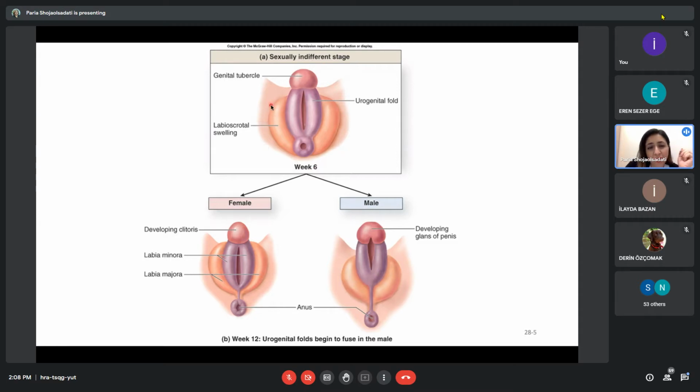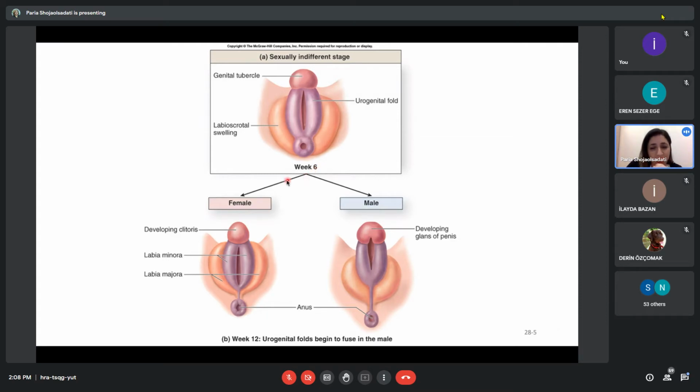This is the embryonic shape of the organs we can see in the external body of each baby at the 6th week.